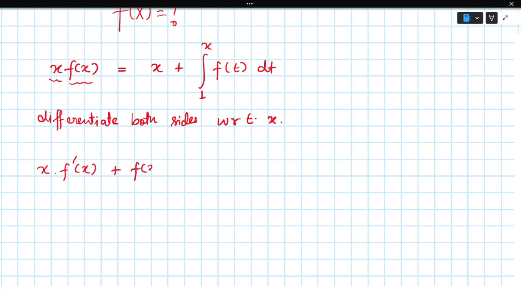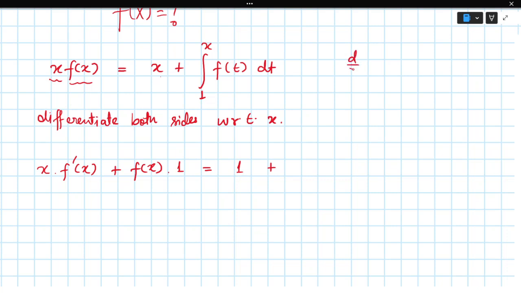So, derivative of first times second plus first times derivative of second. The derivative of x we already know is 1. And to differentiate the integral, we need to apply the Leibniz rule. What is the Leibniz rule?